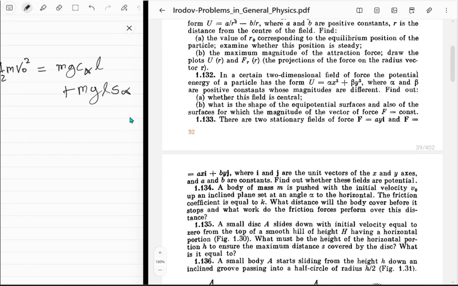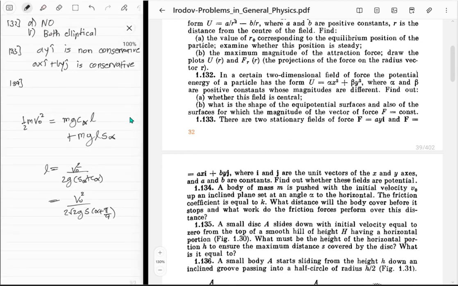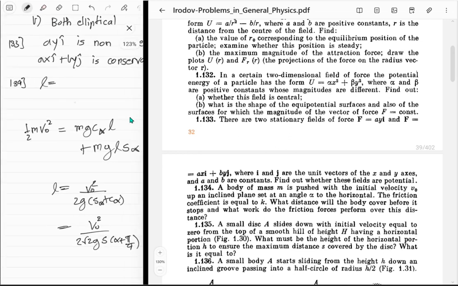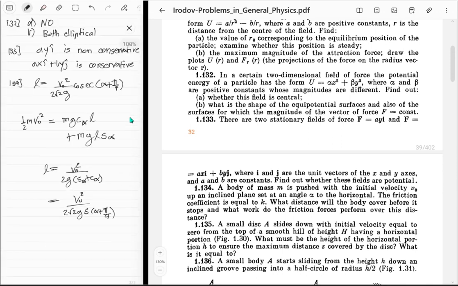So L will just be v0 squared upon 2g times sine alpha plus k cosine alpha, which is v0 squared upon 2 square root 2g sine of alpha plus pi upon 4. That should do it. So L is v0 squared upon 2 square root 2g, and then you've got cosec of alpha plus pi upon 4.